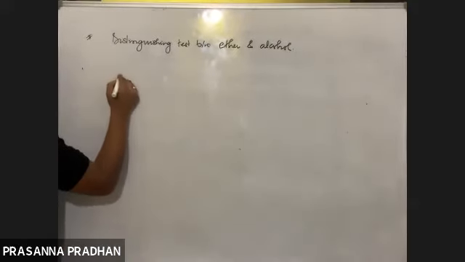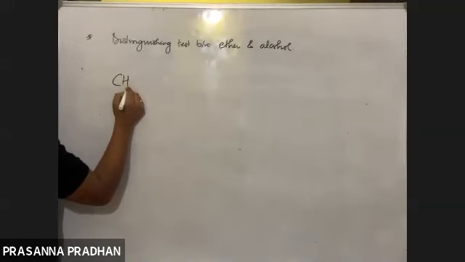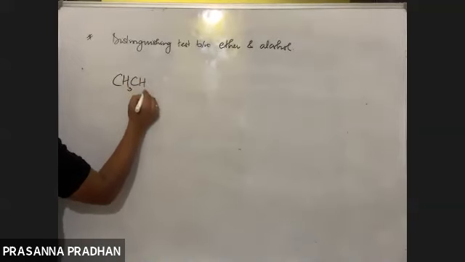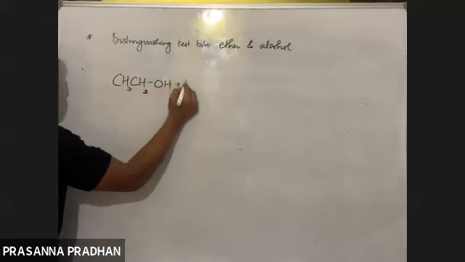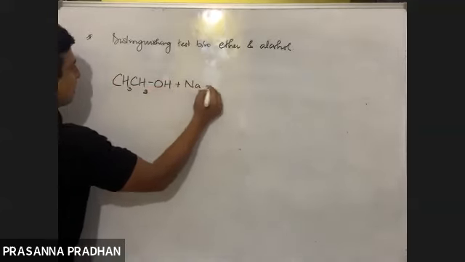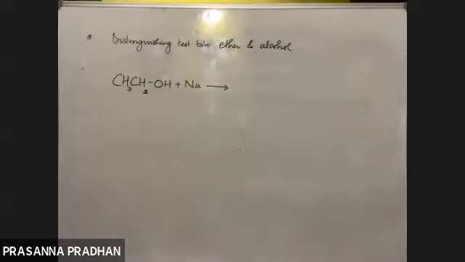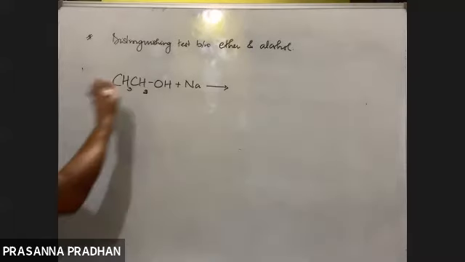Now, let us take an alcohol, for example, ethyl alcohol. What happens when ethyl alcohol reacts with sodium metal? What do you think will happen? Alcohols are acidic in nature. So yes, they liberate hydrogen gas.